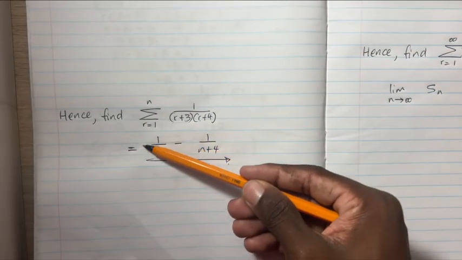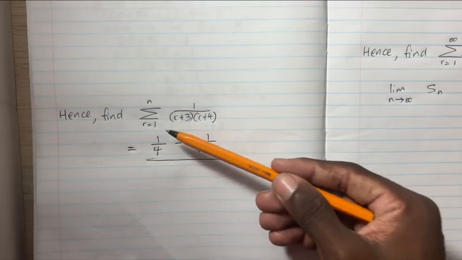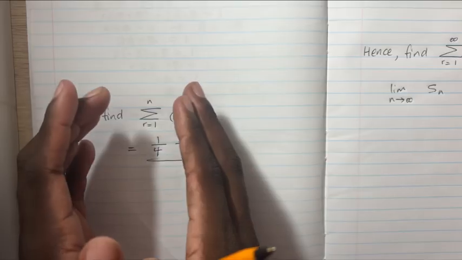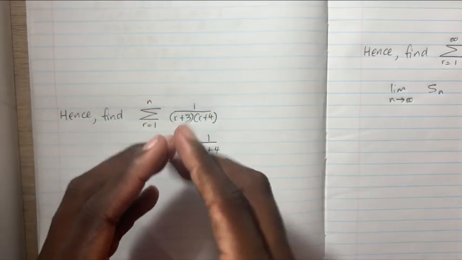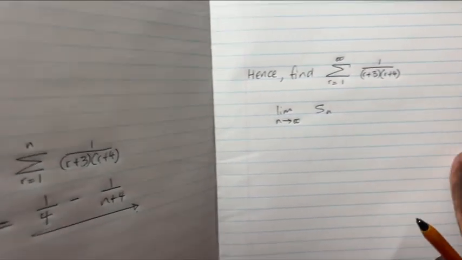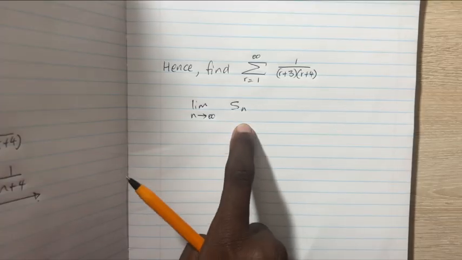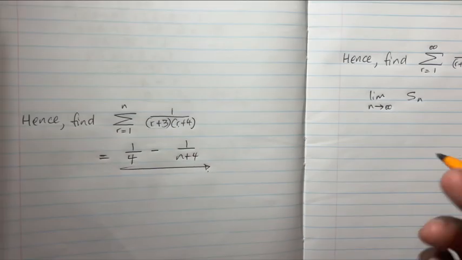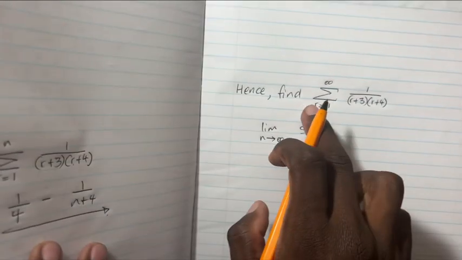This is called a partial sum because it ends at n. It doesn't go to infinity, it ends at n. So it's part of it. So if you find the limit as n approaches infinity of the partial sum, which is Sn, you get the sum to infinity.